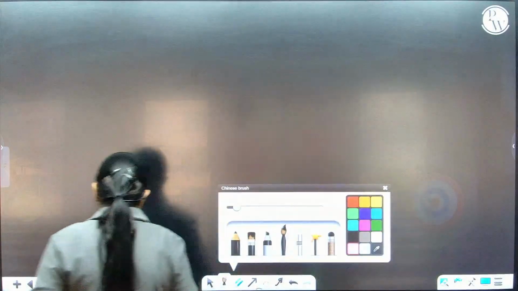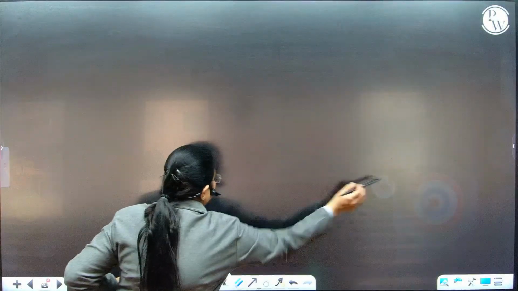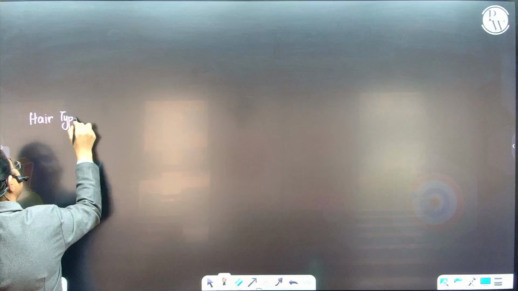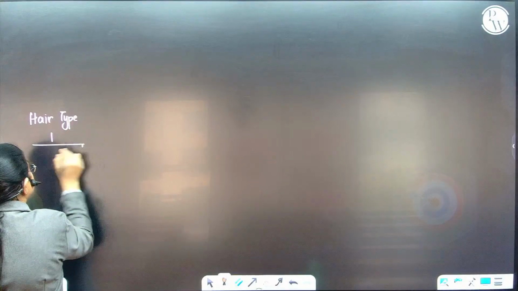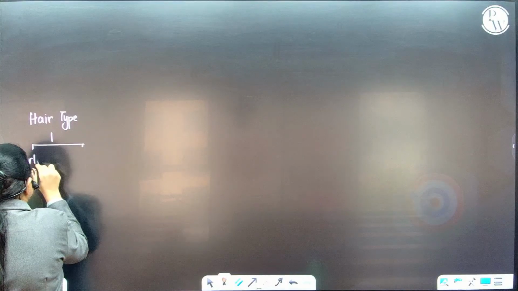Now quickly taking up one numerical on Hardy-Weinberg equilibrium. Say, for example, we are talking about hair type. Say we talk about two hair types, one is curly hair and the other is straight hair.